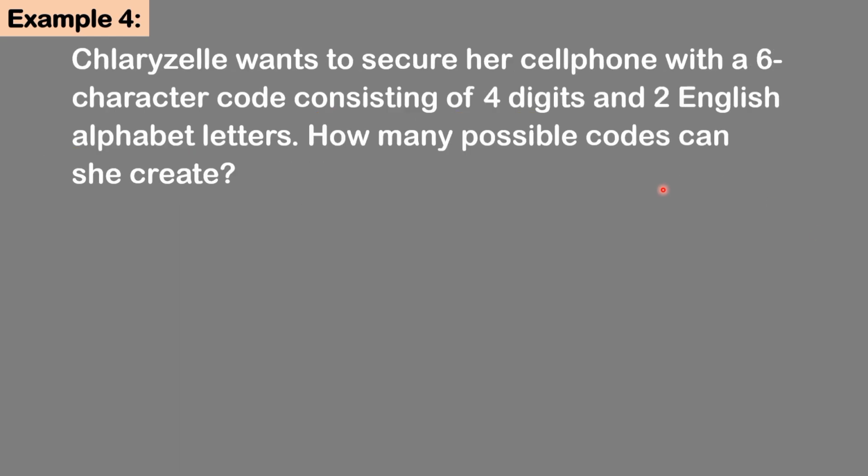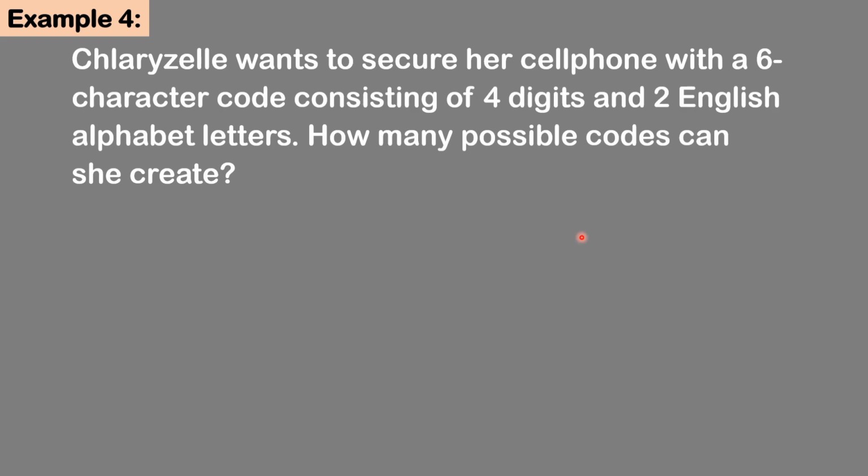Example 4. Claricel wants to secure her cell phone with a 6-character code consisting of 4 digits and 2 English alphabet letters. How many possible codes can she create? In this problem, there is no restriction stated.